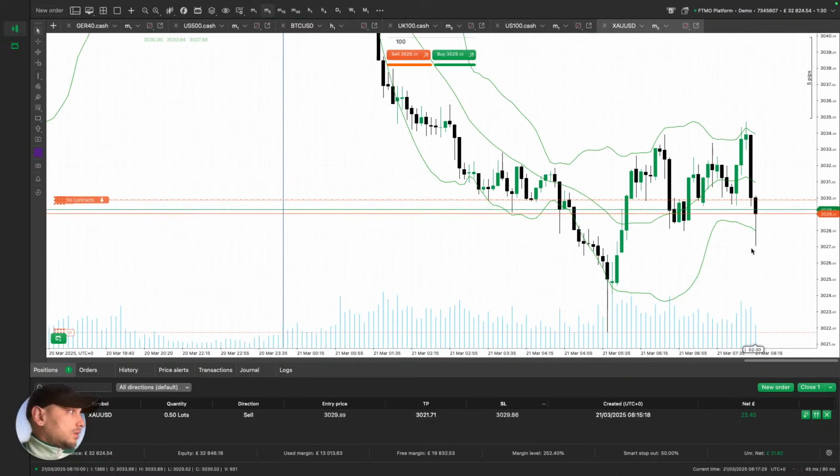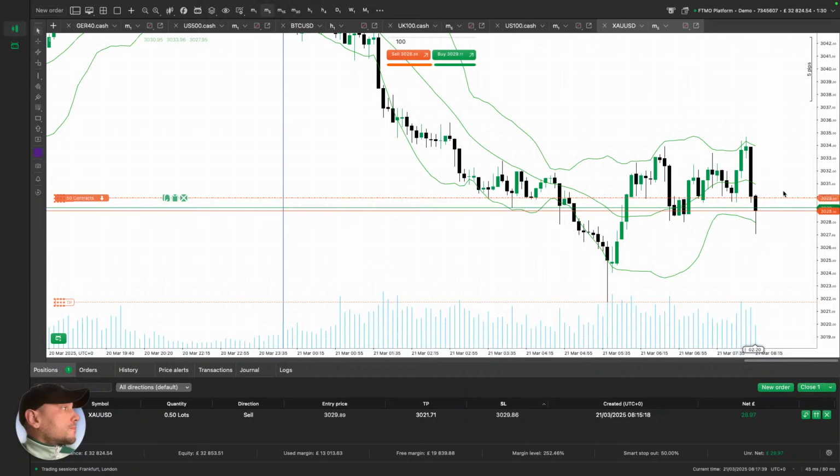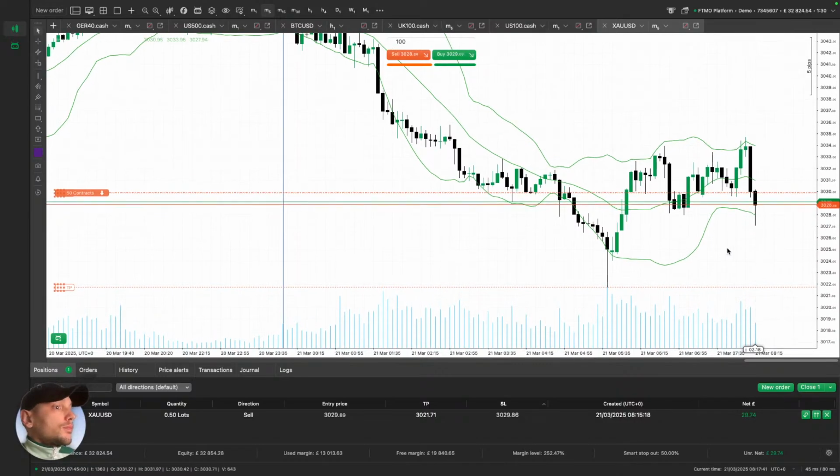We don't like this candle, how it came back, this 5-minute candle. So we took one loss already. This one doesn't look very good. We don't like how this 5-minute candle came back inside.